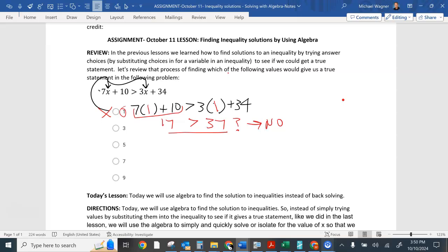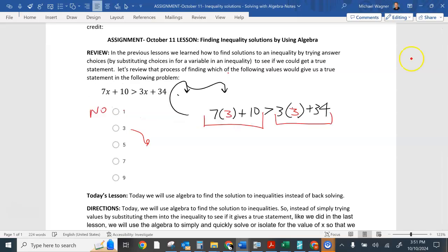If you keep trying, I try this one. Now I'm going to try 3 and put it over there. Let's see what I get. 21 plus 10 is 31. Is that greater than 9 plus 34, which is 43?